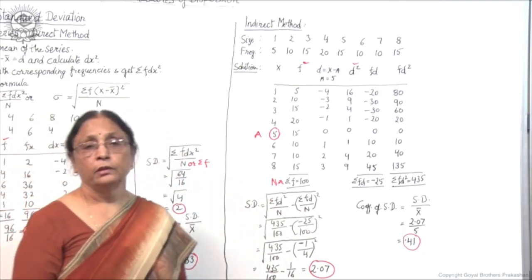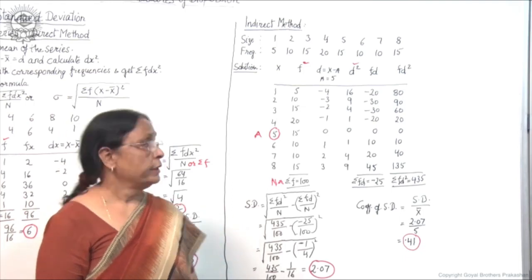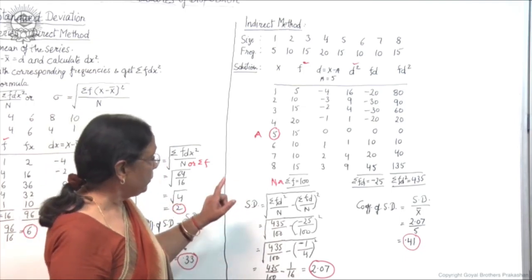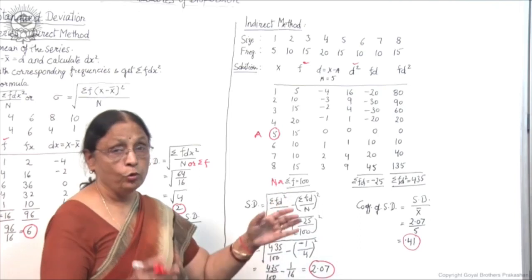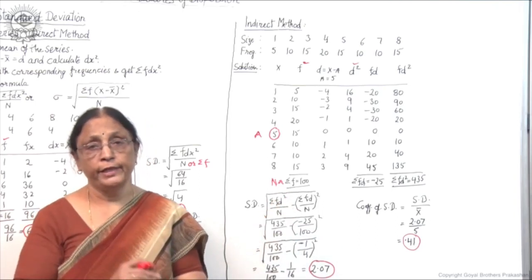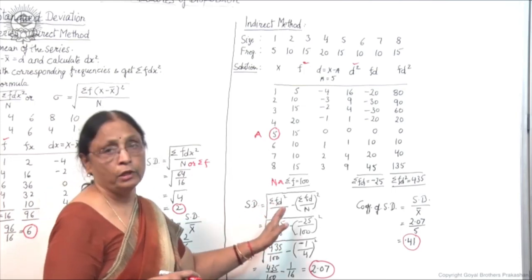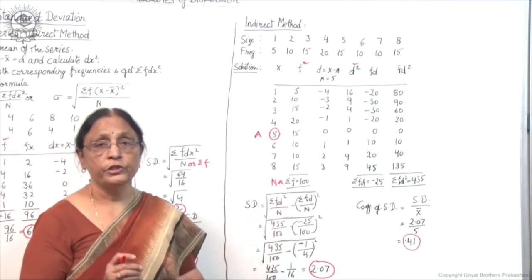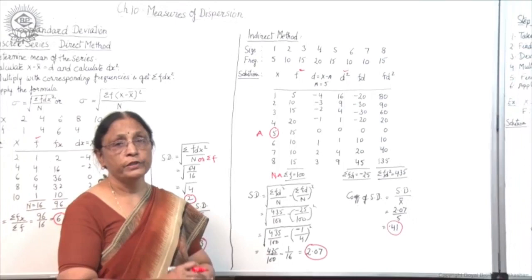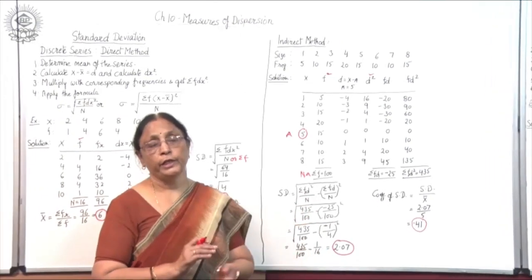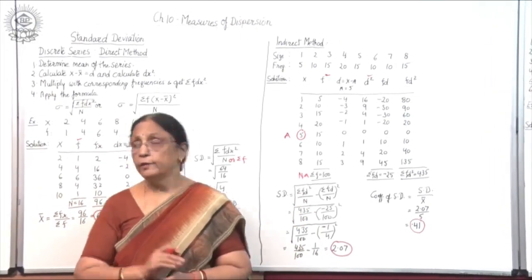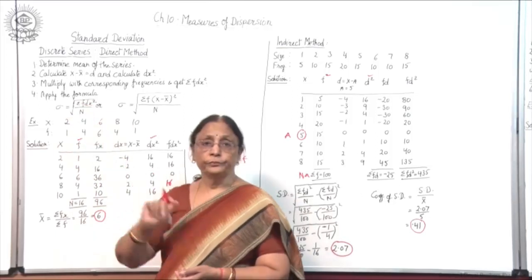So this way, in the indirect method we apply this different formula, and don't mix up the formulas. Direct method has got a different formula, indirect method has a different formula. If you are taking deviations from assumed mean, always write down this formula. If you are taking deviations from actual mean, write down this formula.